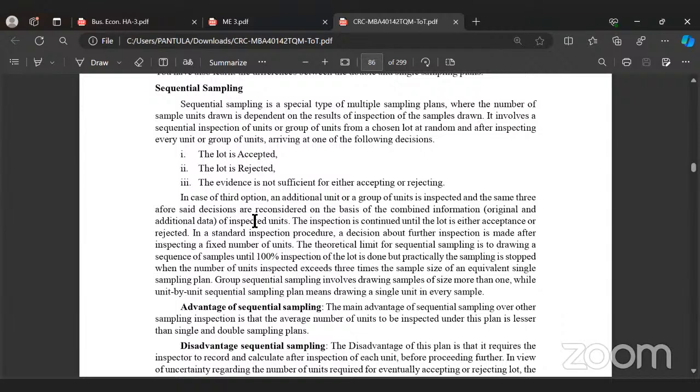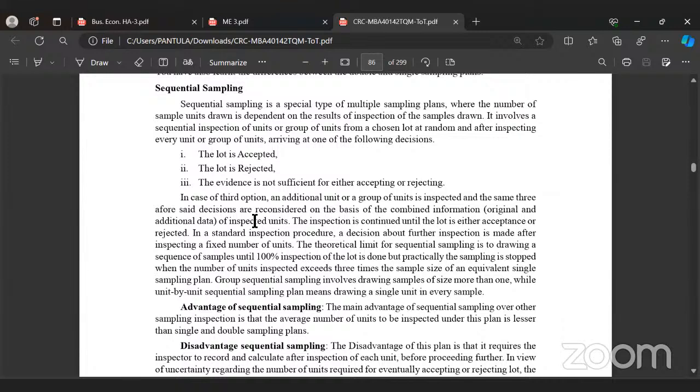Another part is sequential. What is meant by sequential? Sequential means 1, 2, 3, 4, like this. Sequential sampling is a multiple sampling plan where the number of sample units drawn depends on the results of inspection of samples drawn.